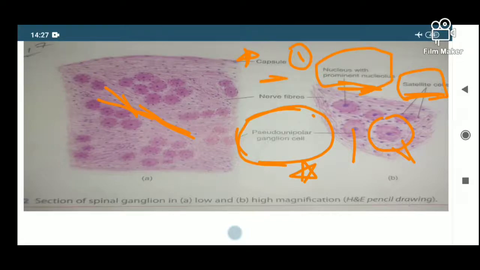So the first point, it is surrounded with capsule; the second point, it is full of a group of cell bodies of pseudo unipolar neurons; and the third point, the cell body is surrounded by a group of flat cells called satellite cells, which provide support in the ganglion. And the cell body contains a larger and prominent nucleus. That is the fifth point you should learn, and these points are more than enough for the spinal ganglion.